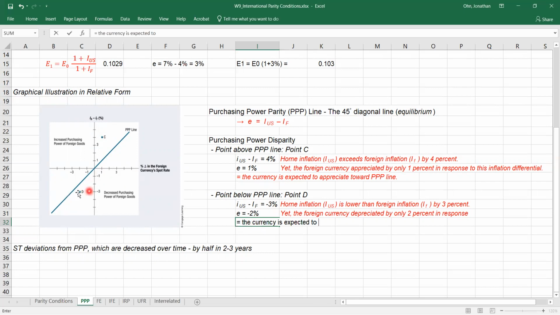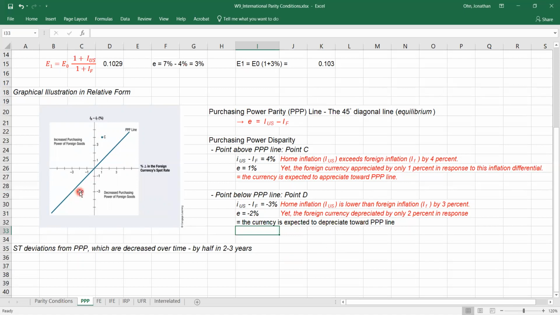Move this way. So depreciate until toward the PPP line there. So that is what we expect based on this PPP, purchasing power parity.